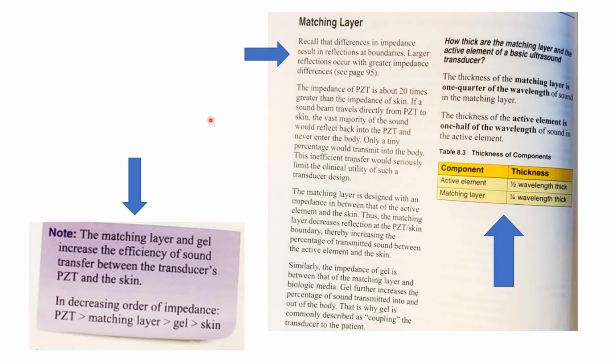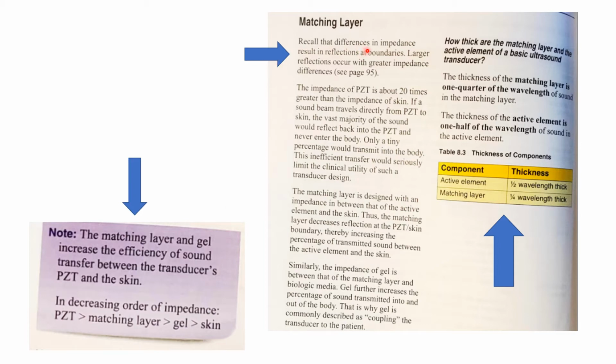We'll talk about some of these things. The matching layer and gel increase the efficiency of sound transfer between the transducer's PZT and the skin. In decreasing order of impedance, and remember we talked about impedance, the PZT is greater than the matching layer, which is greater than the gel, which is greater than the skin, and then you go into soft tissue.